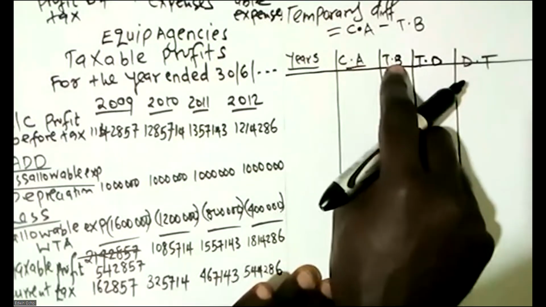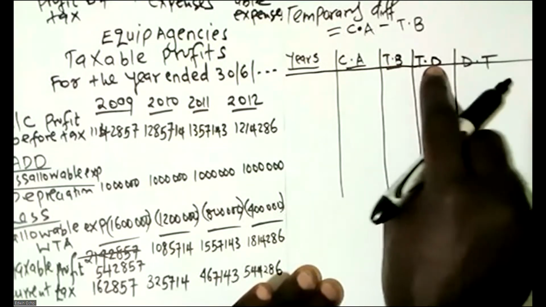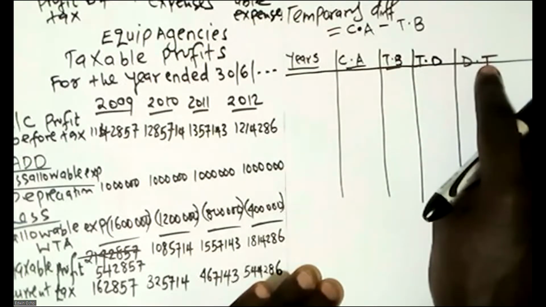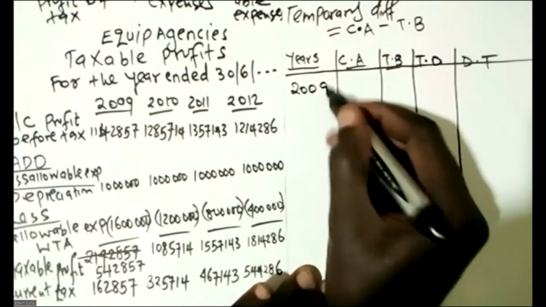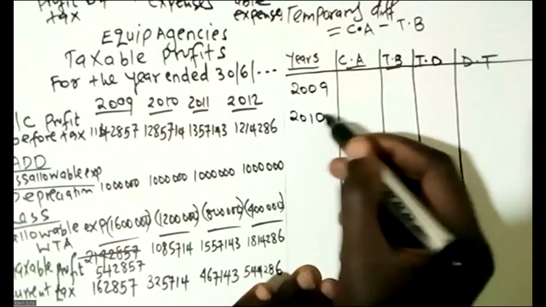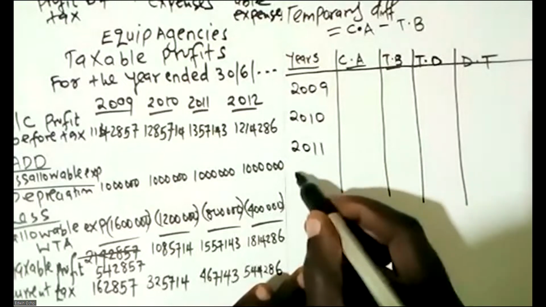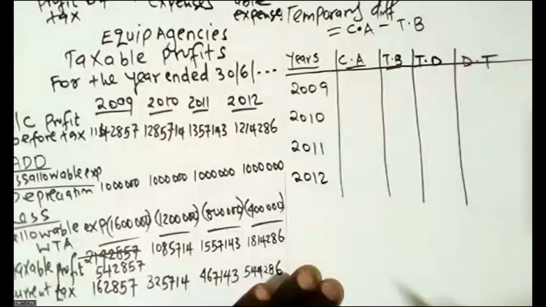So carrying amount, tax base, temporary difference, deferred tax. So remember we have 2009, 2010, 2011, and 2012. So we have the 4 years.